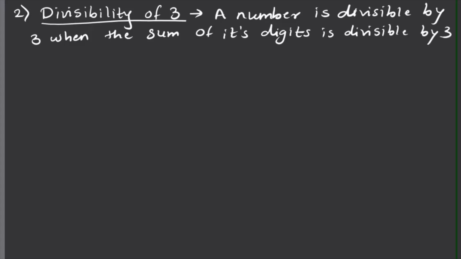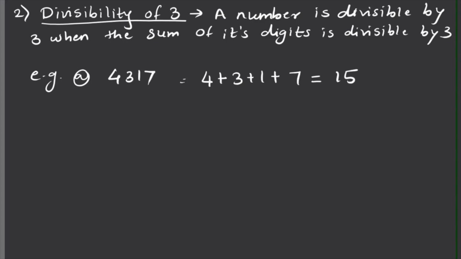Let's take an example. 4317. First we add all the digits, 4 plus 3 plus 1 plus 7. So we get the addition as 15 and 15 is divisible by 3. That's why this number 4317 is divisible by 3.